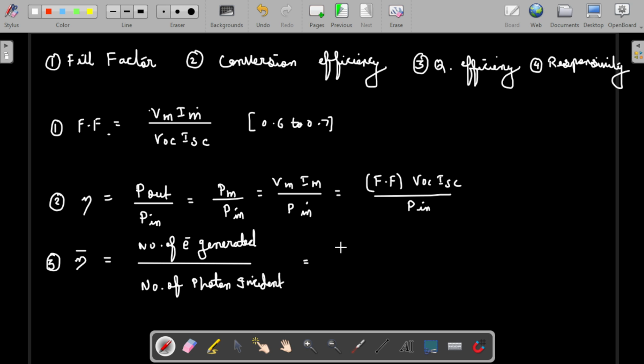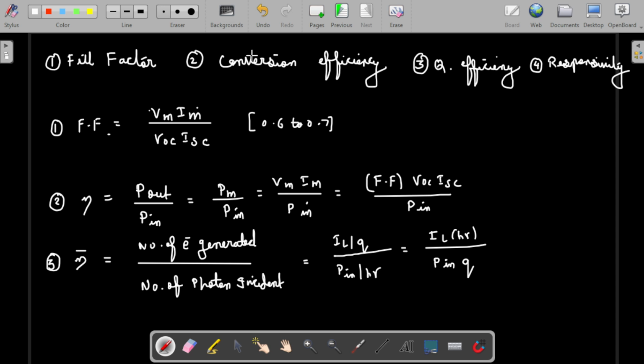This can be written as the number of electrons generated, which is IL divided by Q, divided by the number of photons incident, which can be termed as Pin divided by h nu. If we rearrange it, then it is IL times h nu divided by Pin times Q. So this is the formula for quantum efficiency.